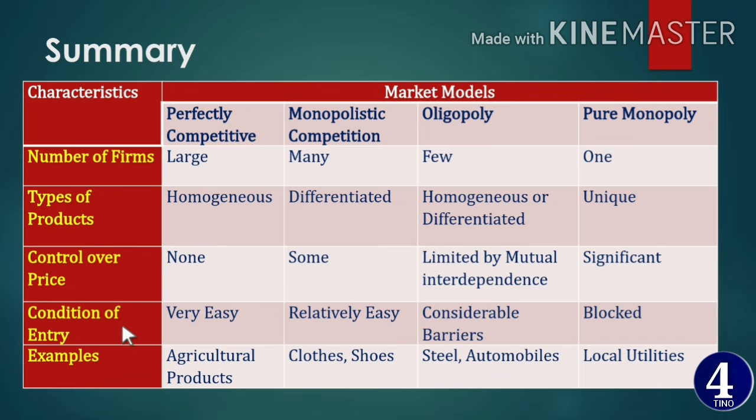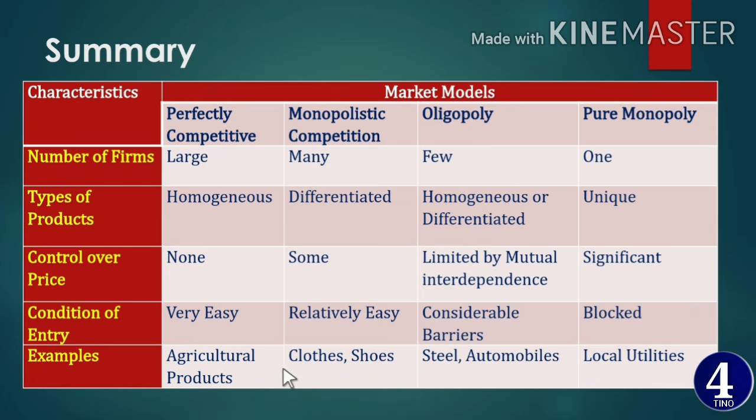Coming to the condition of entry and exit, in perfect competition it is very easy, in monopolistic competition relatively easy, in oligopoly there are considerable barriers, and in pure monopoly entry is totally blocked. For examples, we find agricultural products like milk, potato and tomato in perfectly competitive markets.